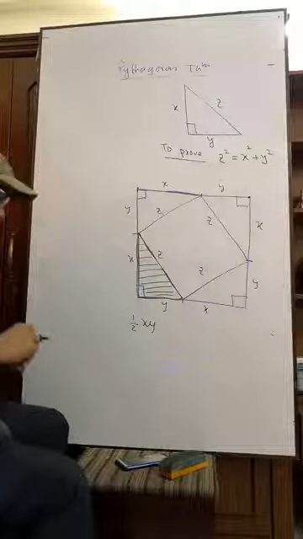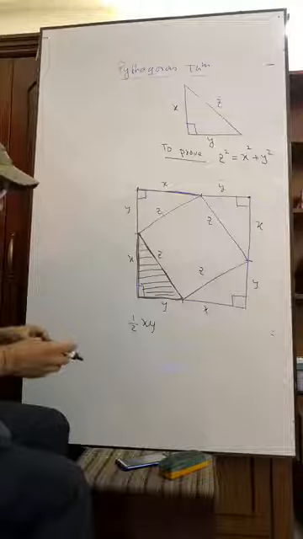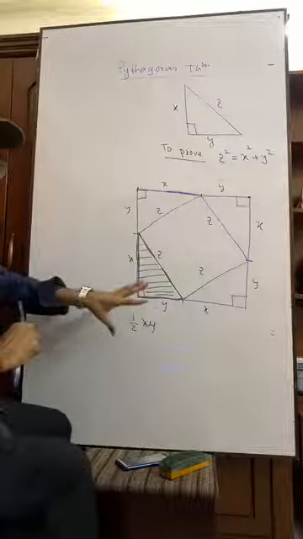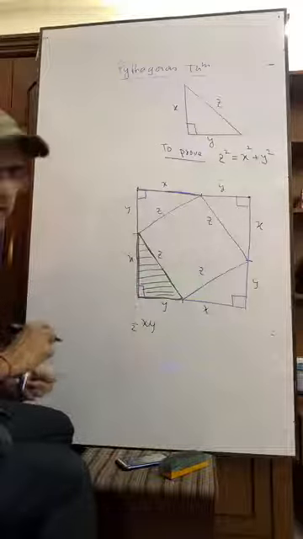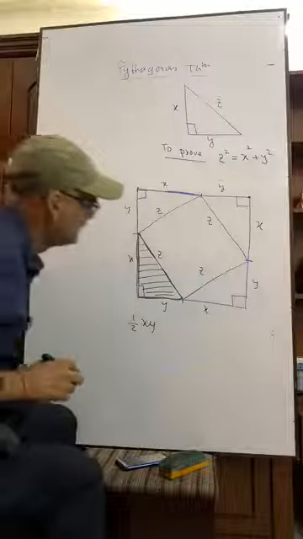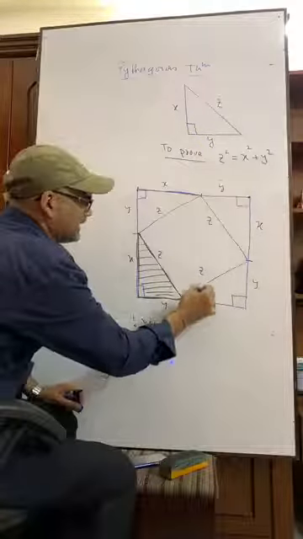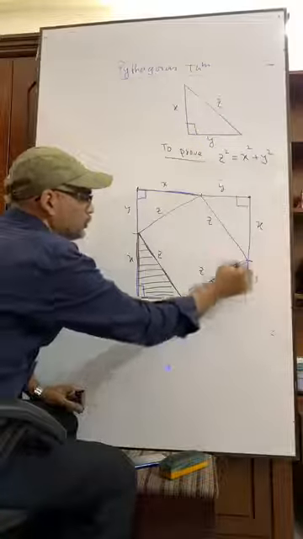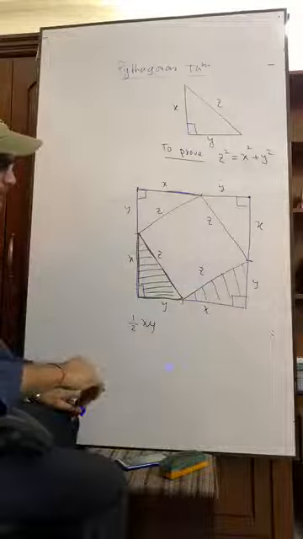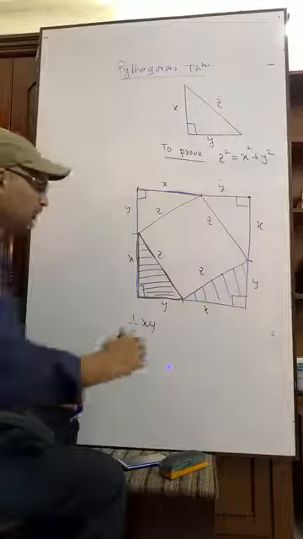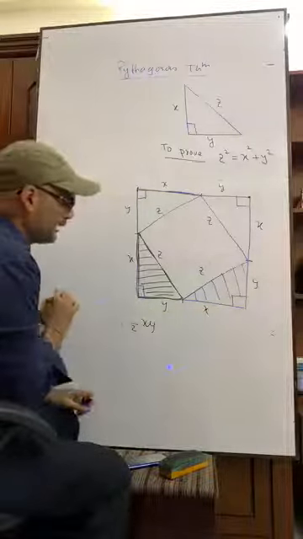Okay, you know it. You have been doing it since class 7 perhaps. The area of a right angle triangle is half into base into height. Similarly, we have a right angle triangle here, whose area is also half into base into height.